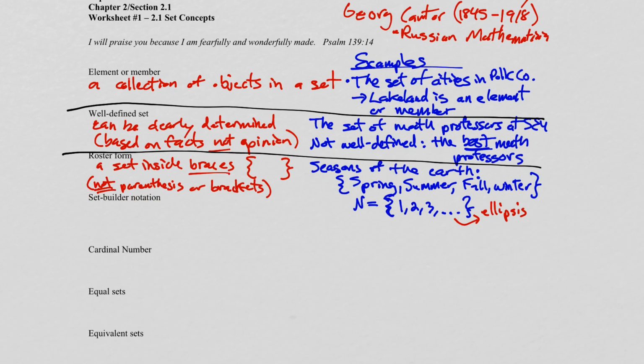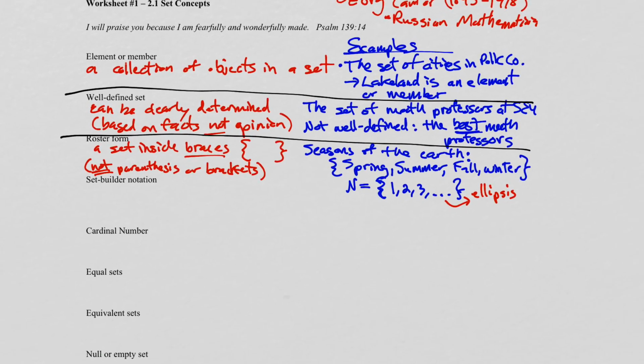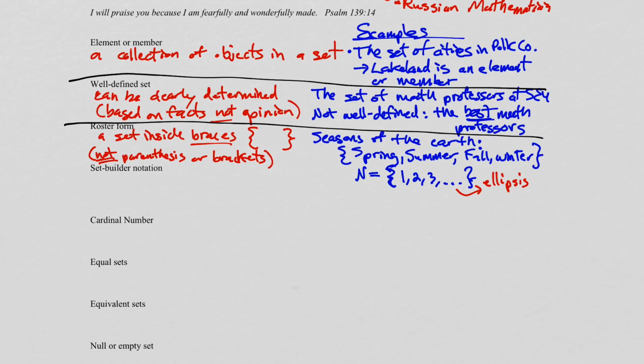Okay, other examples of sets besides the description or using roster form, like a list, would be set builder notation. Now this is something that's more used in algebra. Set builder notation sort of looks like this.